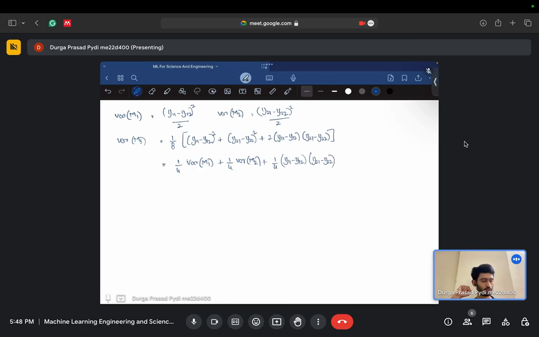Can you comment now on whether, say, both models M1 and M2, or let us simplify it further, let us say variance of M1 equals variance of M2? Only in that particular scenario can this be simplified further.